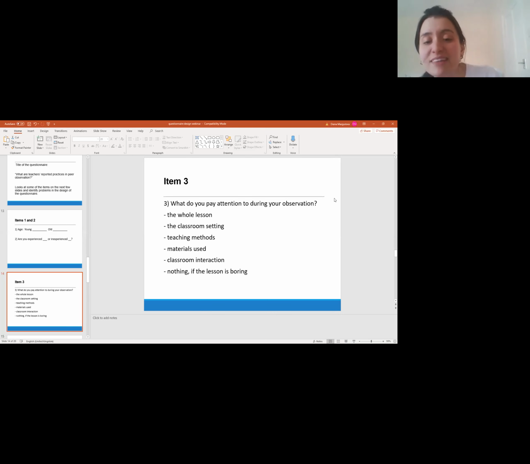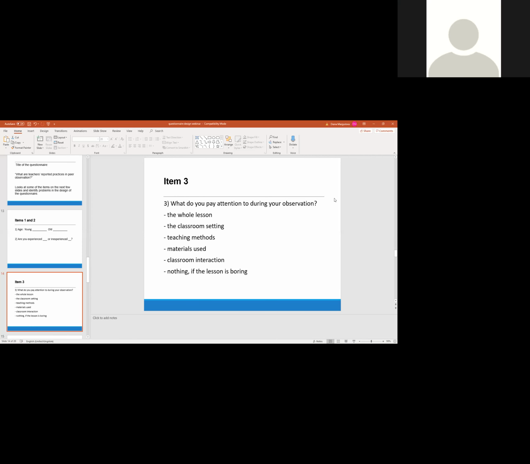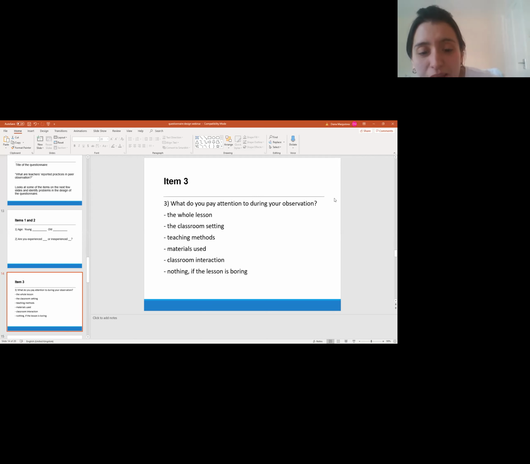So including the setting, the materials, interaction between students, learning objectives and management. Yes, this is too general, I think. The first option is too general. Yes, I think so as well. Because we have, for example, the last option, nothing if the lesson is boring, but we don't have everything, including all these components, which could perhaps be the last option. And this is one more thing to point out about this particular item.